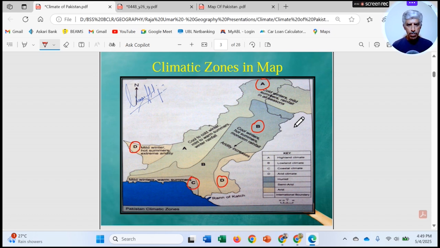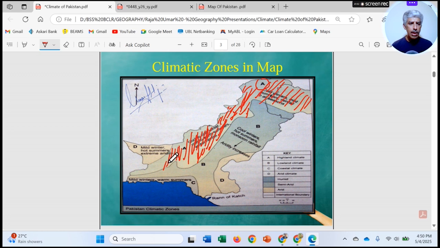Now first, if we talk about A, let me use red color for A. If you look around, Himalayan region, Karakoram region, Hindu Kush region, Western Mountains, Safed Koh, Waziristan Hills, Balochistan Plateau, Toba Kakar Range, Central Brahui Range, and down towards the southwest towards the Iranian border.